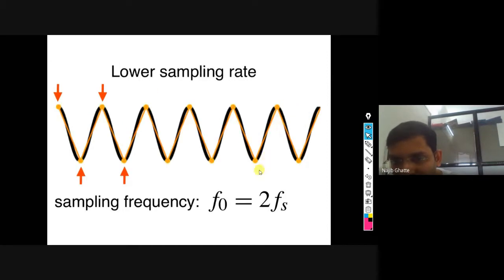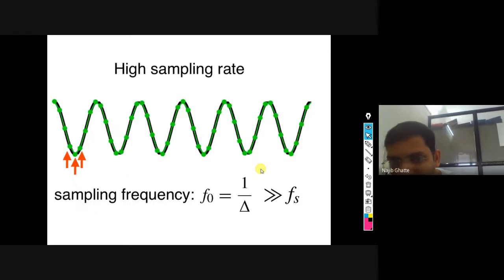What about this? 1 2 3 4 5 6 7 8 9 10 11 12 13, almost 13 bytes. The size of the song file has increased, but if I try to play this, I will get a good way to listen to the songs. There will be a little distortion because the nature here is triangular, but okay, manageable. What about this? What will be the size of the file?